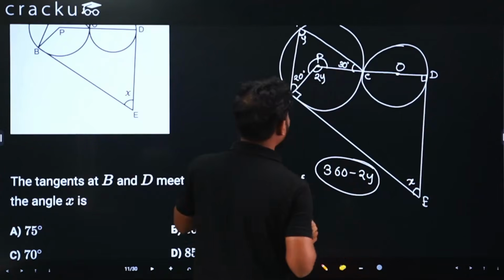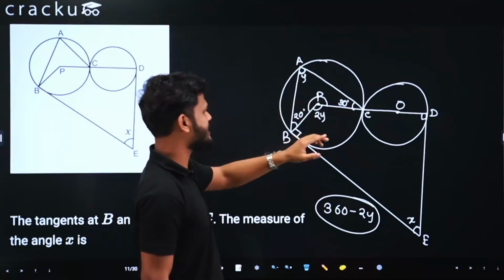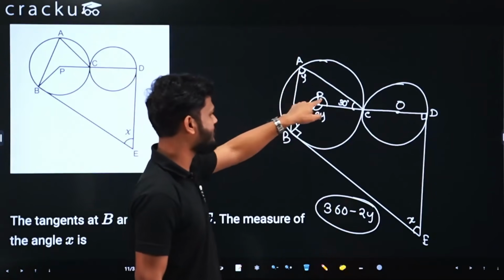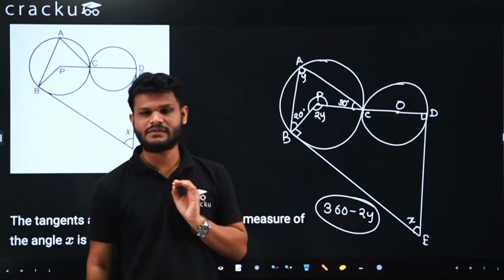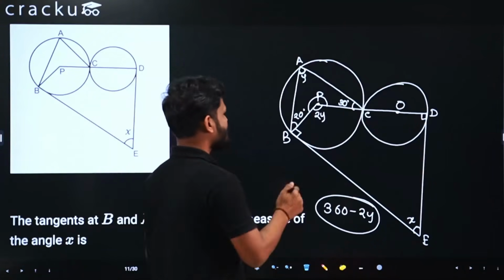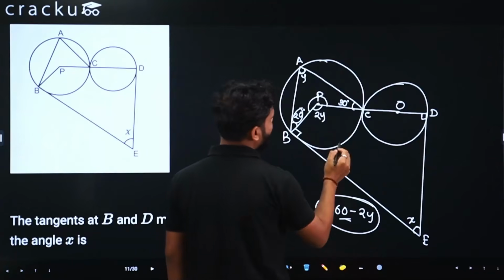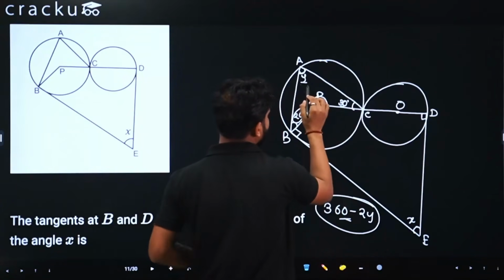Right? Now if you look at the concave quadrilateral ABPC, sum of all angles will be equal to 360 degree. So this angle is 20, this angle is 360 minus 2y, this angle is 30 and this angle is y.